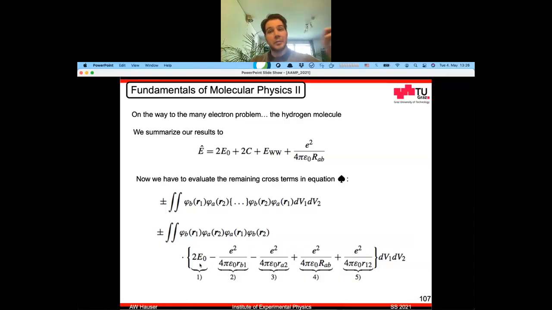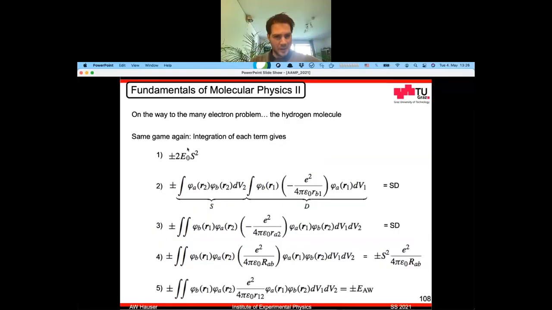And it still meets because you come in from the left with orbital A for the second electron, and from the right with orbital B for the second electron. So if you multiply this out, the difference in comparison to before is that this doesn't give you the normalized wave function, but also gives you the overlap integral as another factor. So this gives you S squared for the first term.